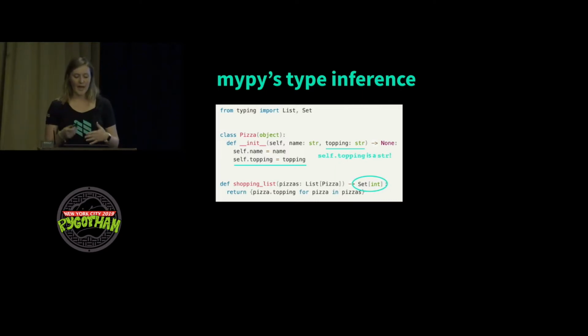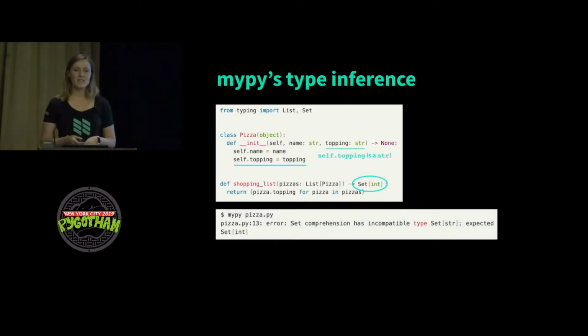But we know, and Mypy knows, that this should be a set of strings, because pizza.topping is a string. This error says set comprehension has incompatible type, set of str, expected set of int. So it's saying my type says that it's going to be a set of integers, but what I received was a set of strings. So we need to change that type.